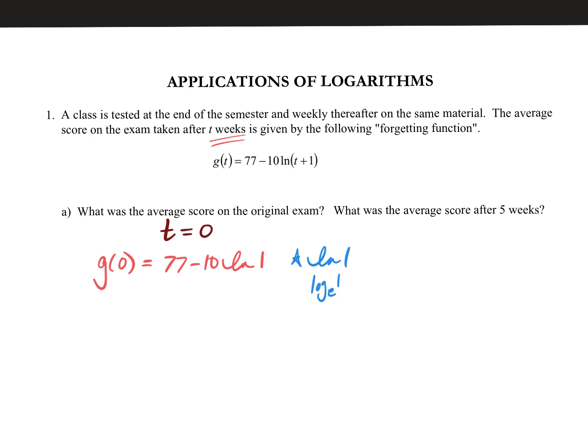But you're really saying to yourself, e to what exponent gives you 1, and therefore that ln value is 0. So I'm hoping that we can see then why our calculation would be 77 minus 10 times 0, of which you'd never have to show me, and we can come right in on 77. So there was the average score on the original exam, a score of 77.